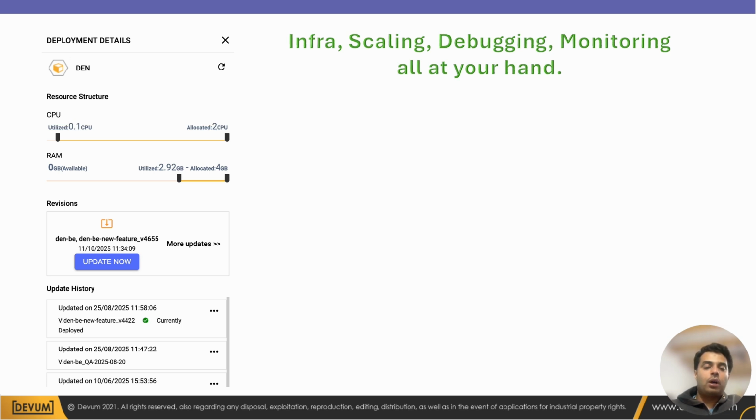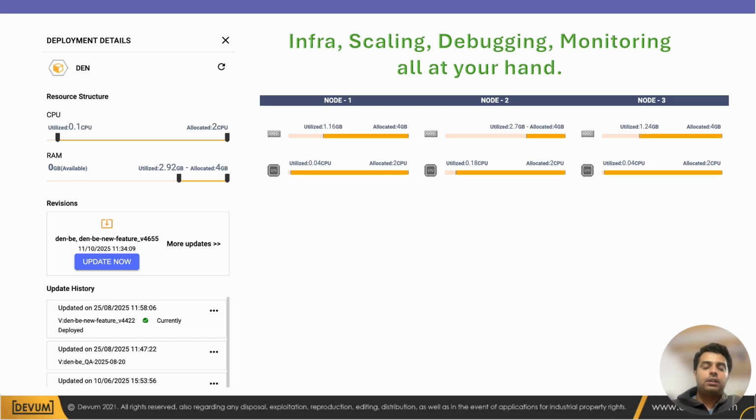Use revisions to update to the latest available version or select more updates to go to a particular version. Use the update history to roll back to a particular version that you had upgraded to back in time.